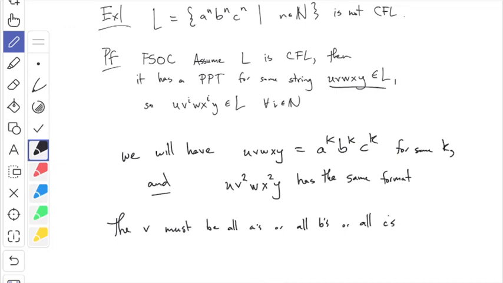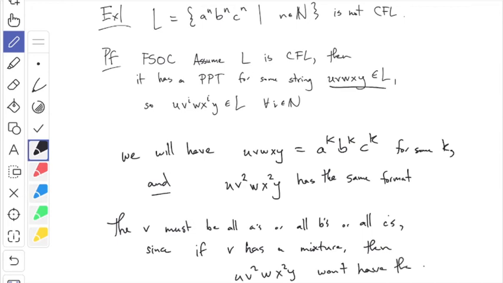That's because if v has a mixture, then u v squared w x squared y won't have the right format, right?